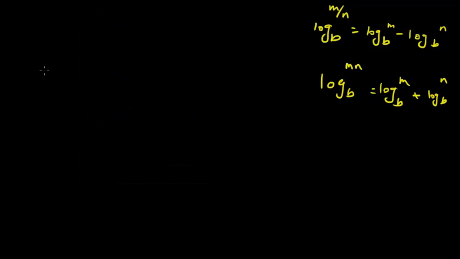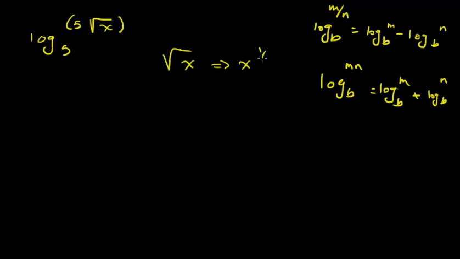And now the next one, we have log 5 of 5 radical x. Whenever we have a radical, we change it to an exponent. So a square root, remember, radical x equals x to the 1/2.